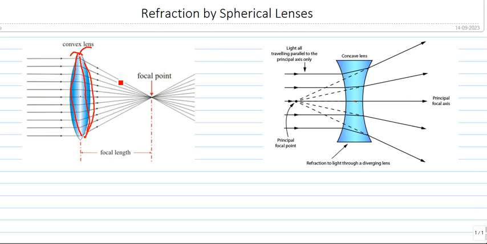Now we are going to see about thin lenses in this chapter. So what do we mean by thin lenses? It is related to this aperture.